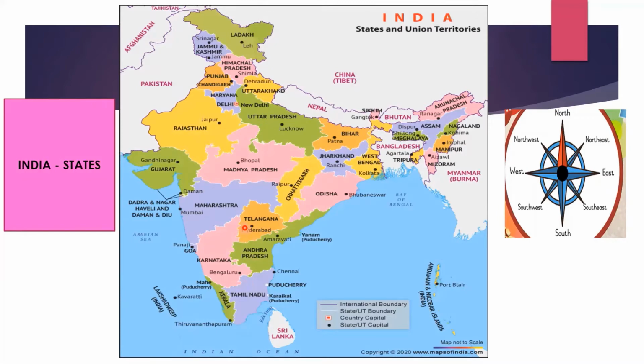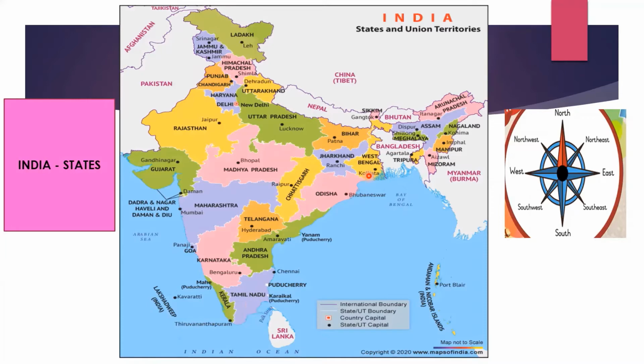We will just follow the coastal Gujarat to the Kerala, okay? So we'll first have a look at the coastal areas. We are first learning the southern states. So here comes Gujarat, Maharashtra, Goa, Karnataka, Kerala, Tamil Nadu, Andhra Pradesh, Telangana, Orissa, West Bengal.